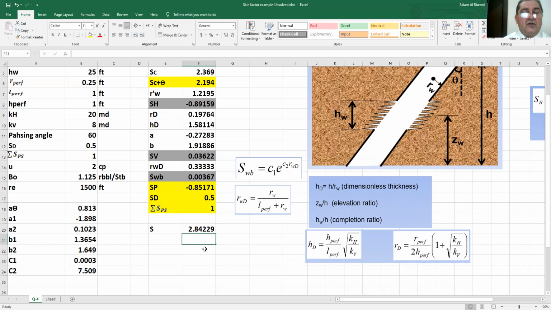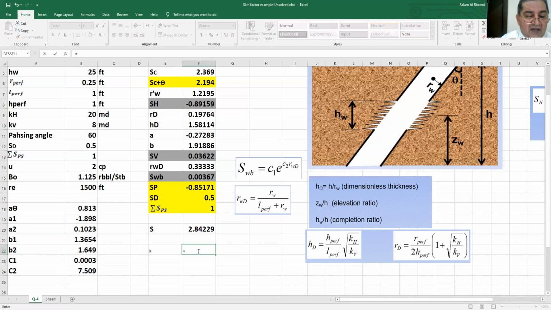Now we need to know how much is the impact of the skin factor on the productivity index. What would be the fold of increase or the fold of decrease in the productivity index? The first thing that we need to know is the average permeability.